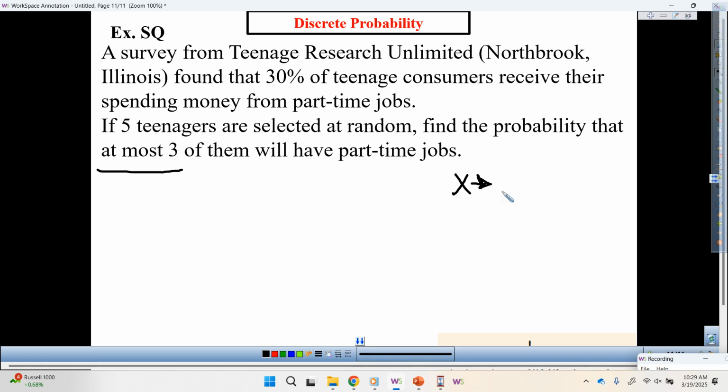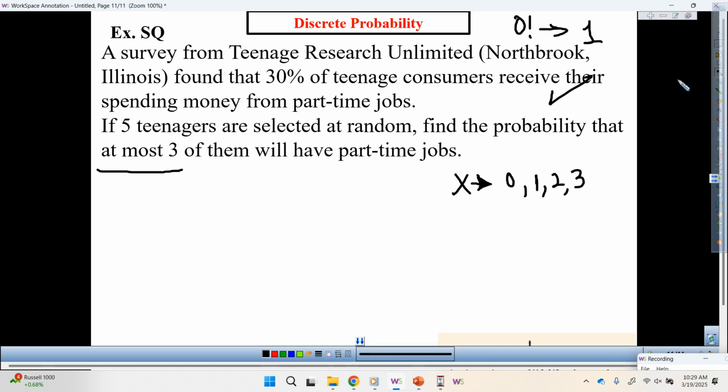Sam, what does at most 3 mean? 3, 2, 1, and in this case we include 0 because 0 factorial is what, everyone? 1. That is correct. So make sure you include 0 with those.